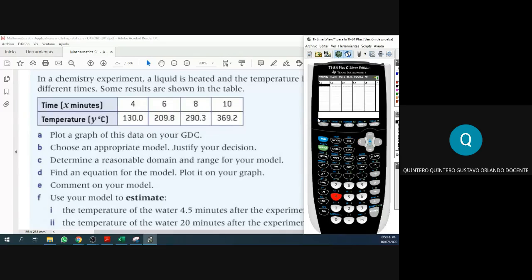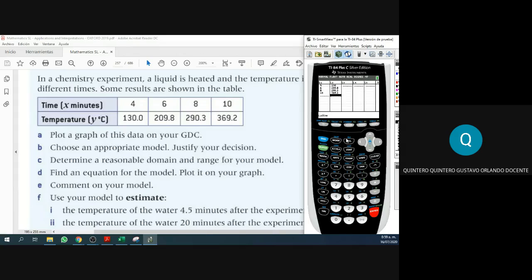So we have 4, 6, 8, and 10, right? And on the other side, we have 130, 209.8, 290.3, and 369.2.